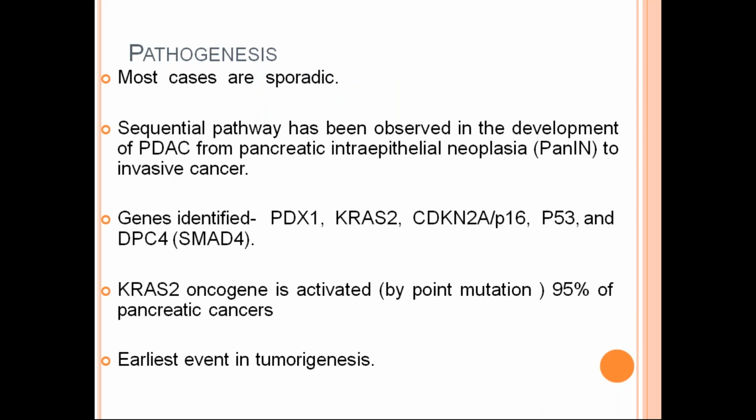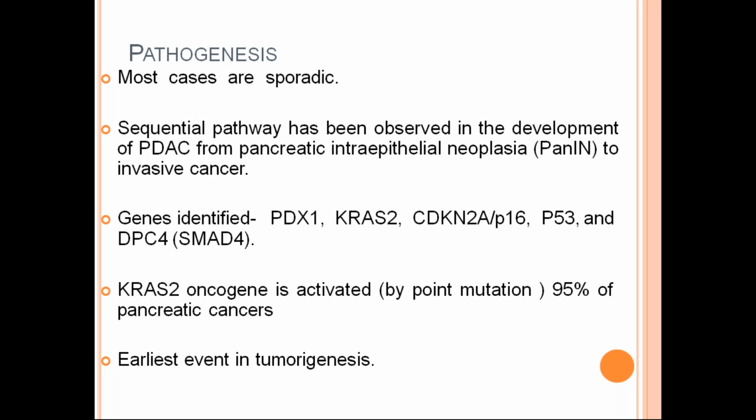So let's go to the pathogenesis. Most of the cases are sporadic in nature. If you have completed colonic carcinoma, the pathogenesis of pancreatic carcinoma is similar to that one. From intraepithelial neoplasia, the cells undergo changes and develop in situ, followed by invasive, and in each step some different genes are involved.